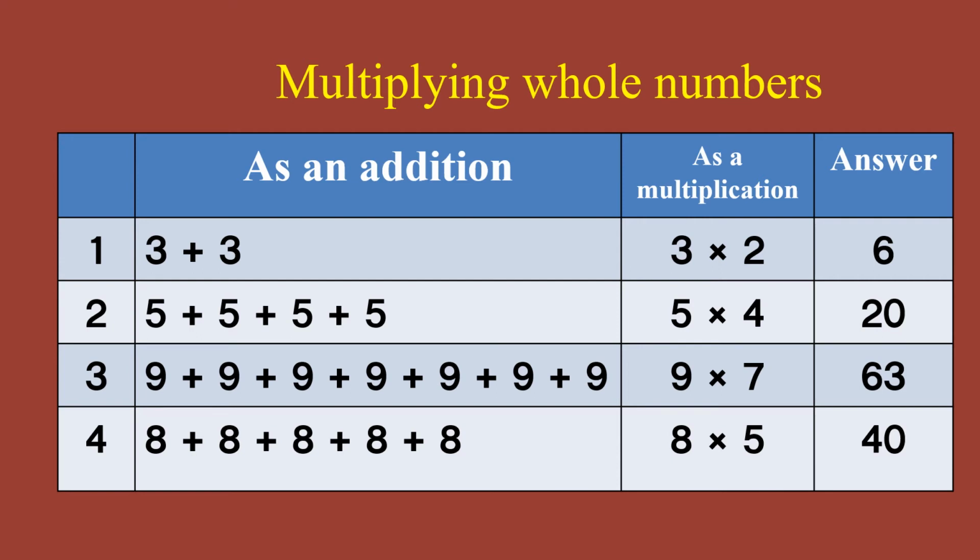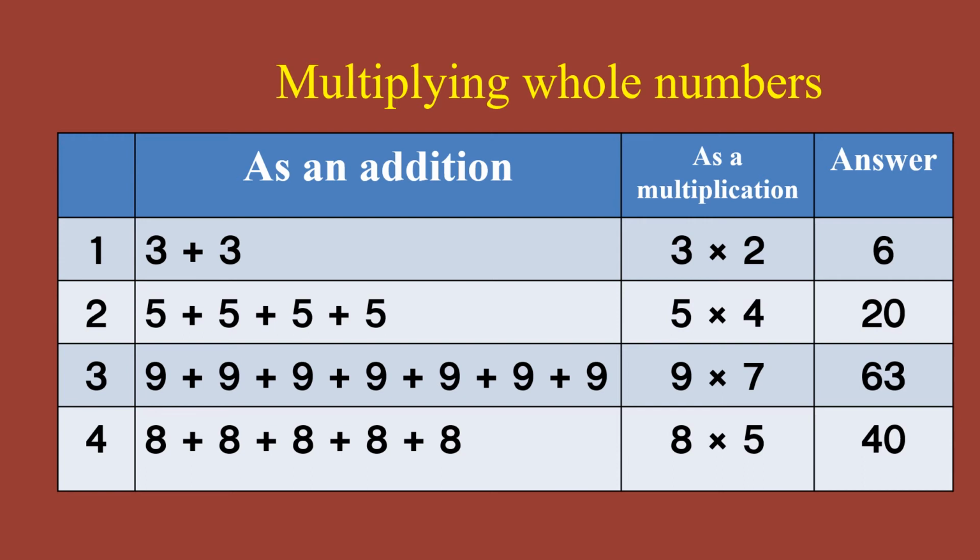Next, 9 plus 9 plus 9 plus 9 plus 9 plus 9 plus 9. 9 is added 7 times to itself. That means 7 9's are added together. Therefore, you can mention it as a multiplication 9 multiplied by 7.